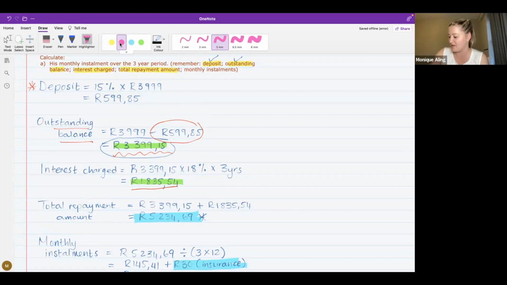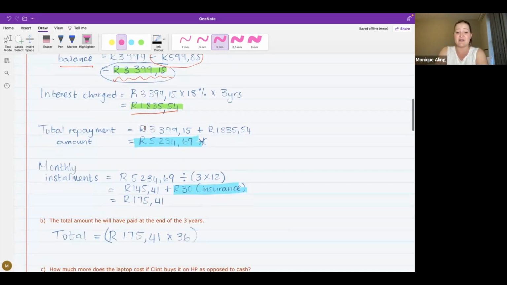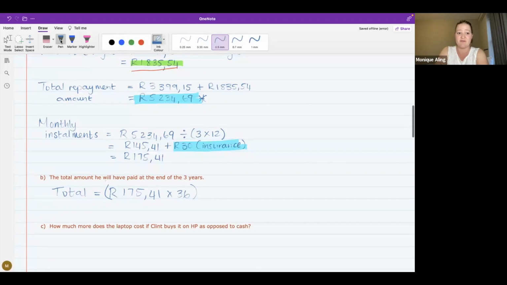He paid the deposit. So that has been paid. So we say that plus the monthly installments for 36 months. It's very easy to forget about the deposit because we forget about it in the beginning. It's been paid. We take it off of everything, but it was still actually a payment.